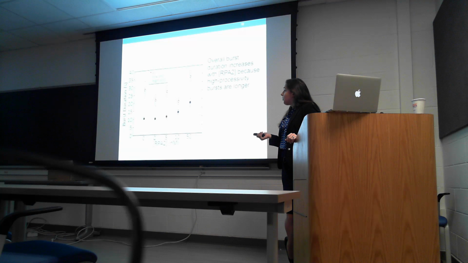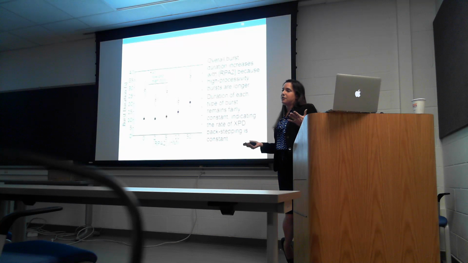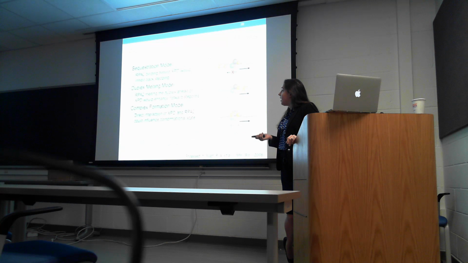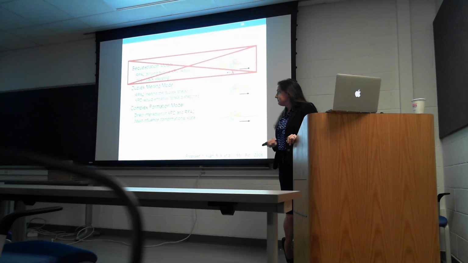So you can see overall, the burst duration is increasing, but this is entirely due to these highly processive bursts, which are overall much longer in duration than these low processivity bursts. For the high processivity and low processivity separately, the trend is essentially flat. RPA2 doesn't affect their duration at all. So this evidence seems to rule out the sequestration model.